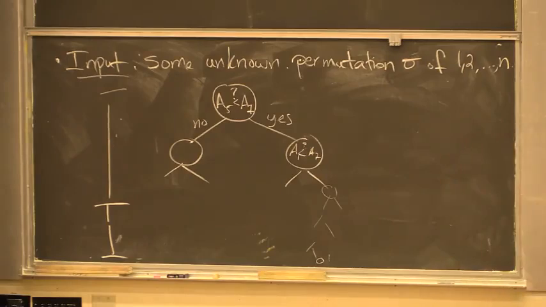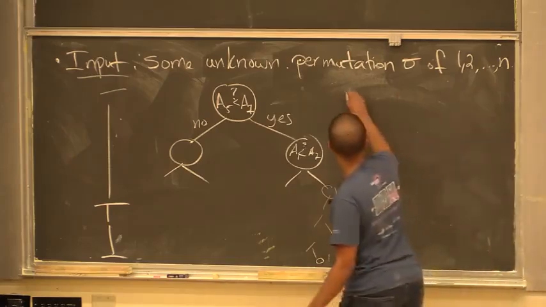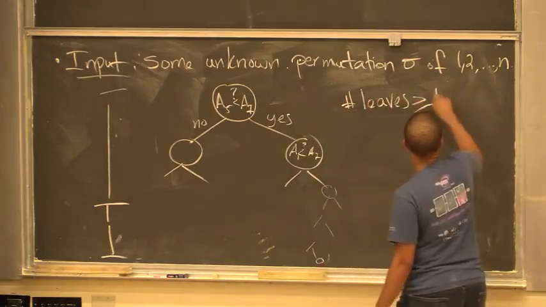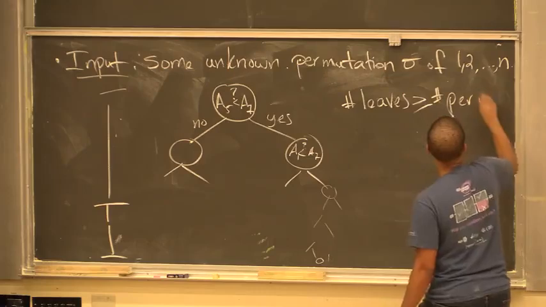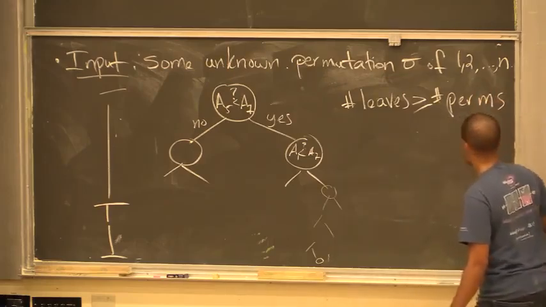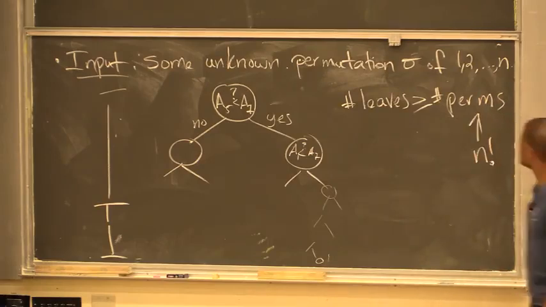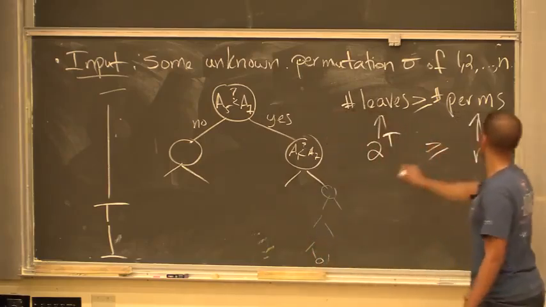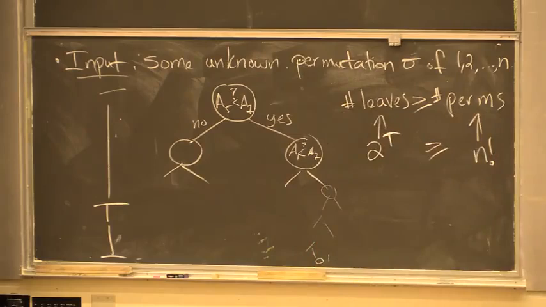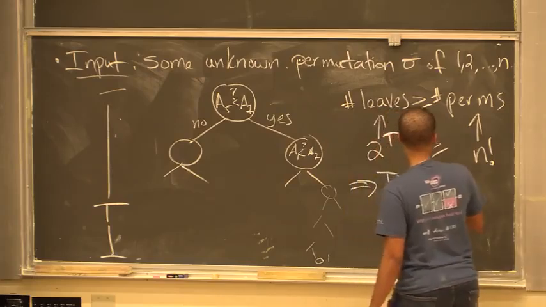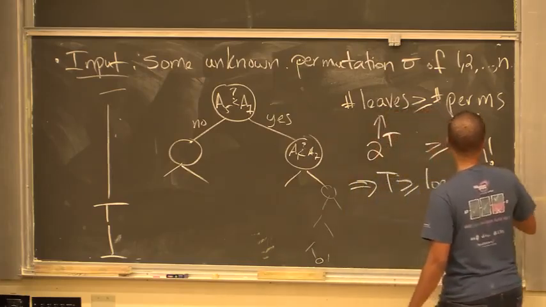Does that make sense? So the number of leaves, 2 to the t, had better be at least the number of permutations on 1 to n, which is n factorial. So 2 to the t is at least n factorial. Take logs: t is at least log base 2 of n factorial.